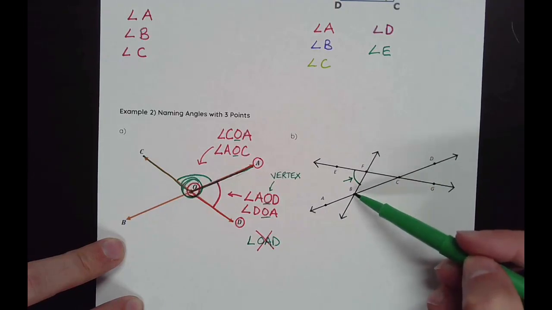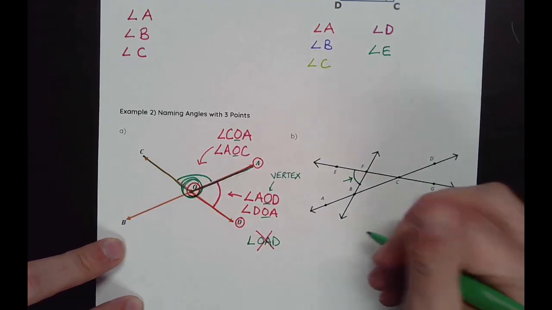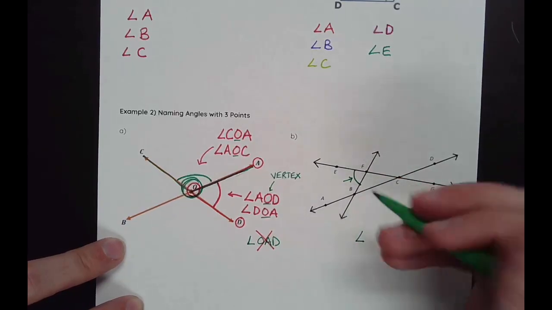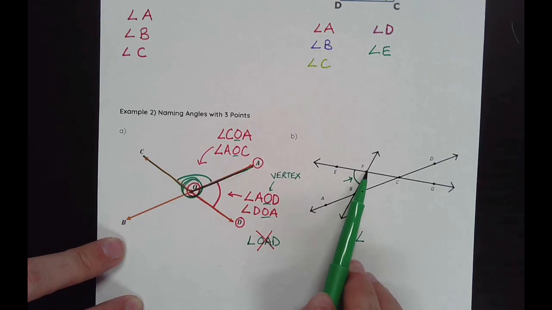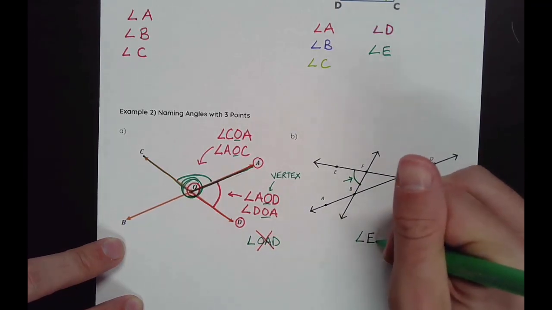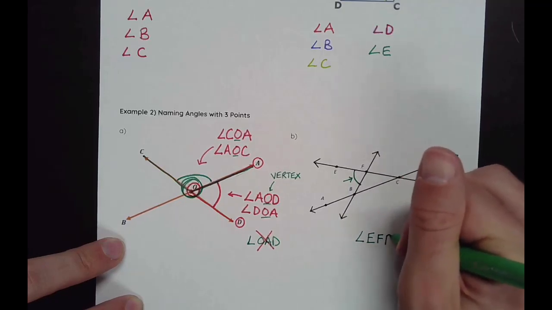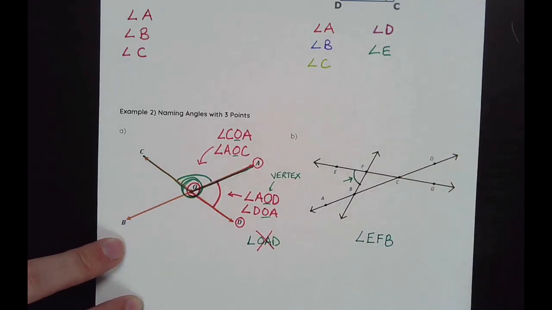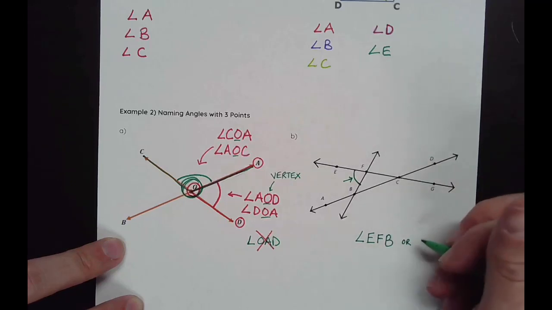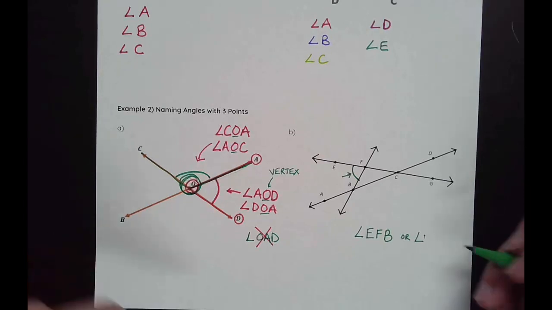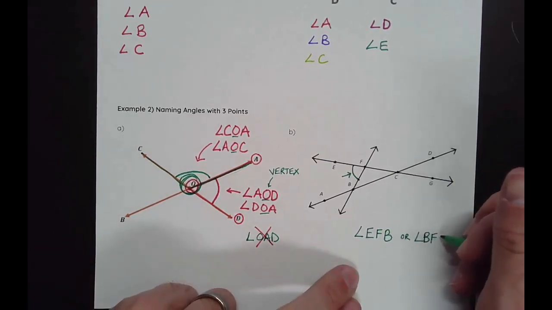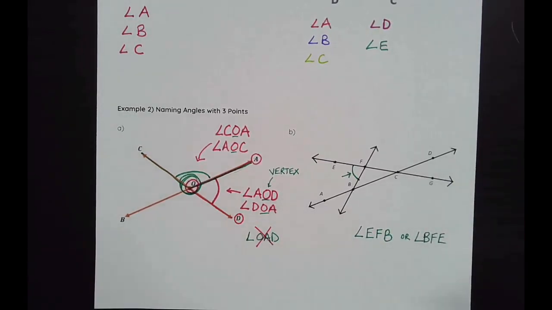This is made up of the 3 points E, B, and F. Now if I put them in the order that I would trace to make the angle, F is my vertex, got to be in the middle, E, F, B. Or angle B, F, E. I can reverse. B, F, E. Making sure that F is in the middle.